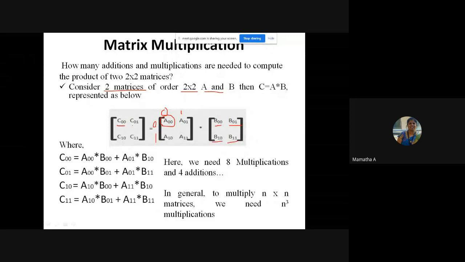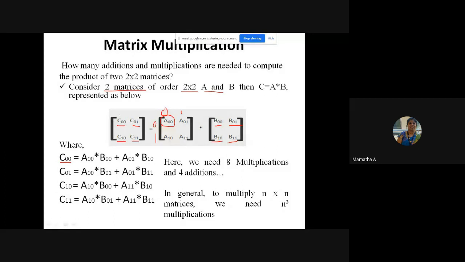C00, C01, C10, C11. So normally speaking, how do you compute C00? If I give these matrices to you, what is C00? What is the first element in your resultant matrix, the product matrix, students?